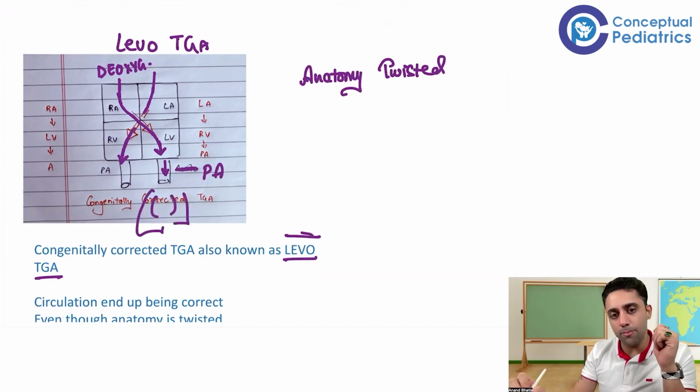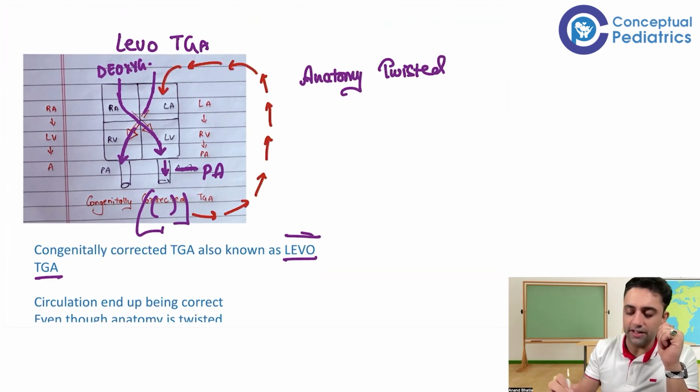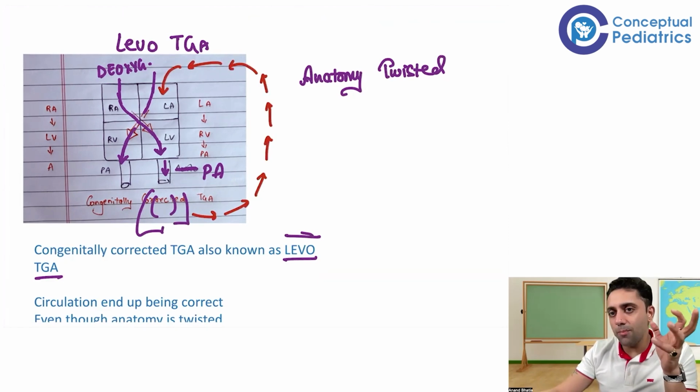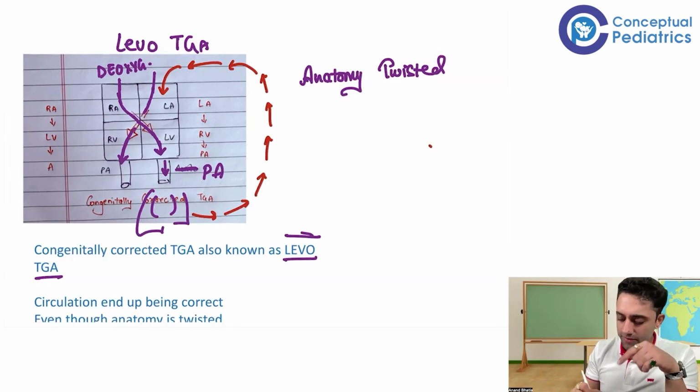Purification process happens in the lungs, and from the lungs the happy purified blood enters the left atrium. And when this purified blood enters the left atrium, I said left atrium by mistake is connected to the right ventricle.